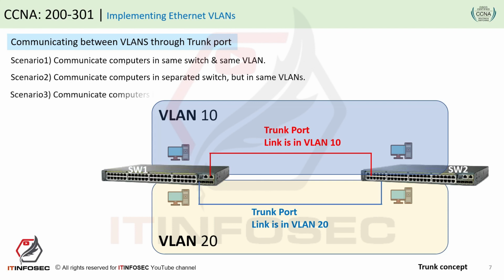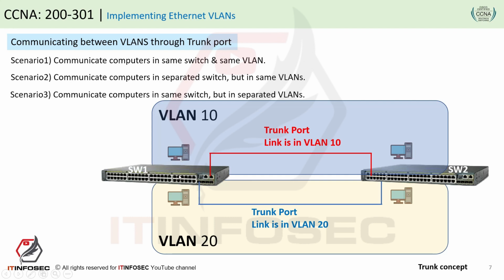Well, what's scenario 3? Communicating computers in the same switch but in separate VLANs. Maybe I have just one switch, with two computers in VLAN 10 and two computers in VLAN 20.